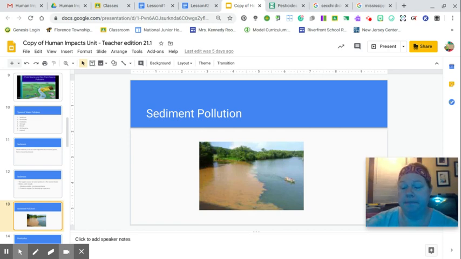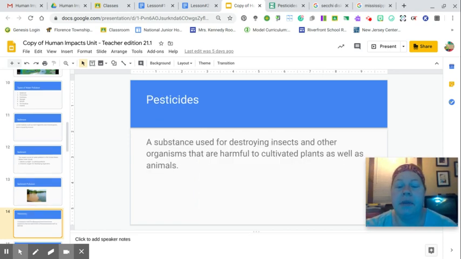All right, pesticides. Pesticide is any substance used for destroying insects and other organisms that are harmful to cultivated plants as well as animals. So any place that you're growing a crop, if you put anything on it to prevent other organisms from either eating it or getting near it, that's a pesticide.